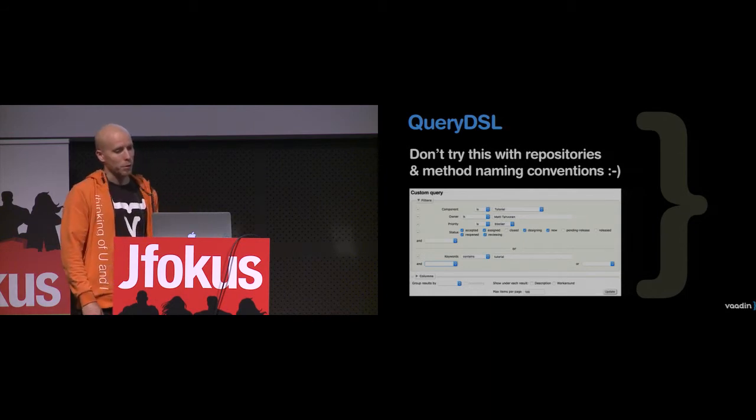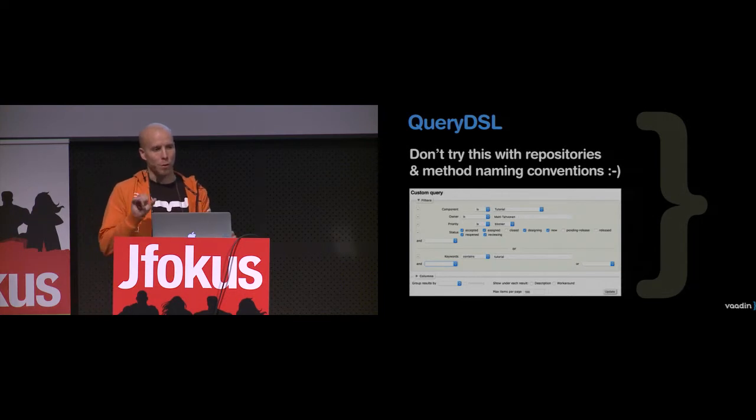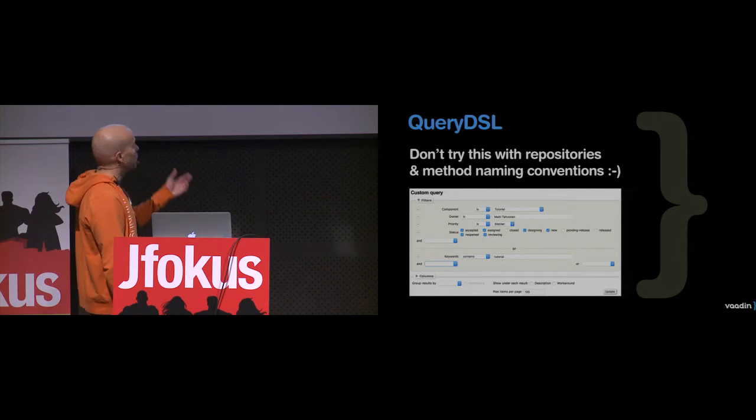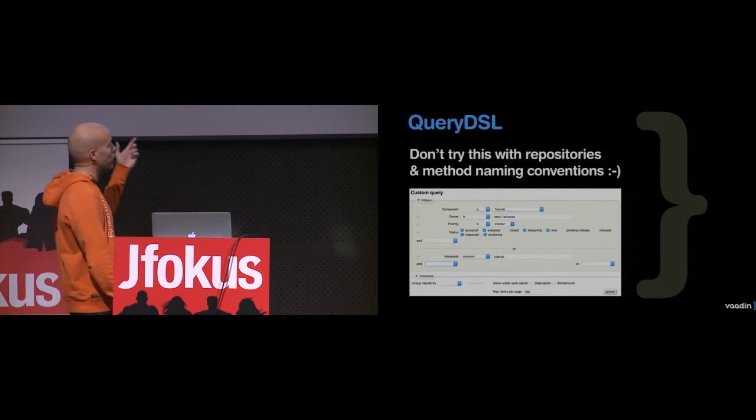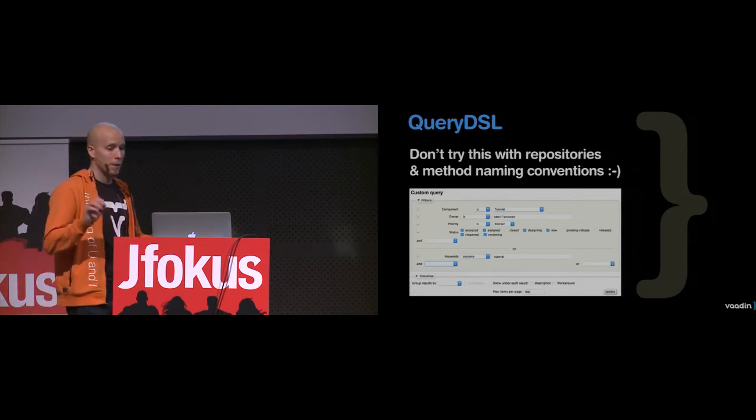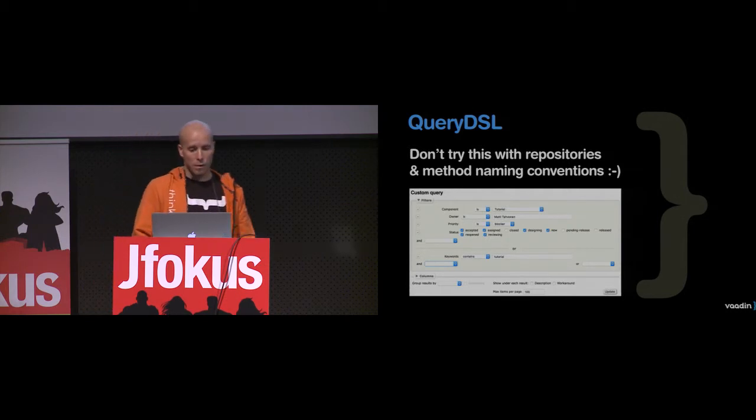If you think of this repository pattern, and you use only these naming conventions and default methods that you find there, and you have this kind of interface, this is actually quite typical for many business applications. You can have some kind of UI, and you can make pretty much any kind of SQL query with this UI.